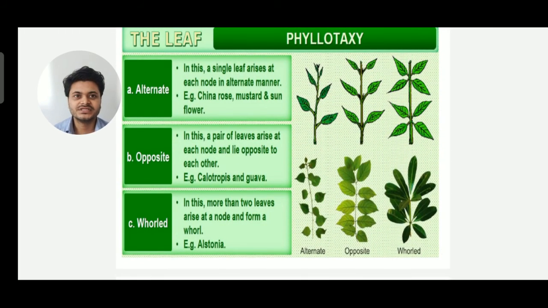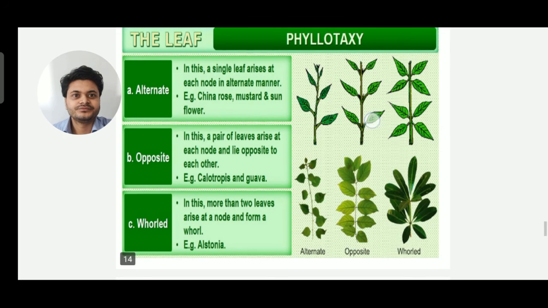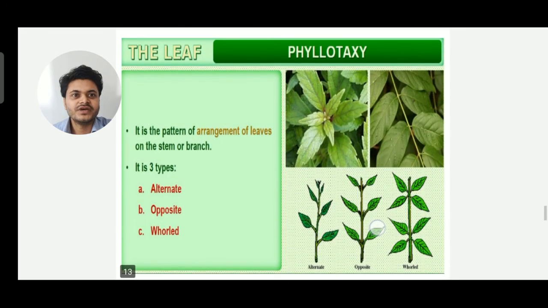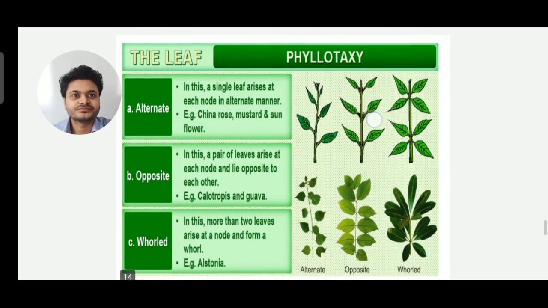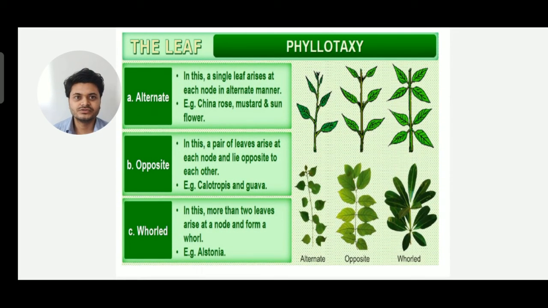Now we'll discuss the different types of phyllotaxy. First is alternate. In this, a single leaf arises at each node in an alternate manner. Example, China rose, mustard, and sunflower.